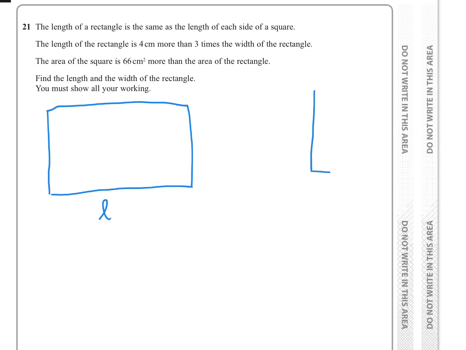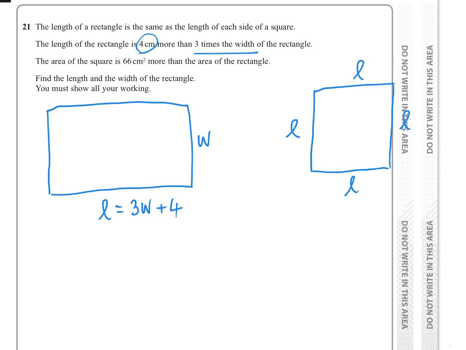So let's have a square here, obviously not to scale, and we'll call each of those L. And it says the length of the rectangle is 4 centimetres more than 3 times the width of it. So if that's the width, we've got to have 3 of those, 3 times the width, with 4 more added on. And that will be 3w plus 4 as well, because they're the same.